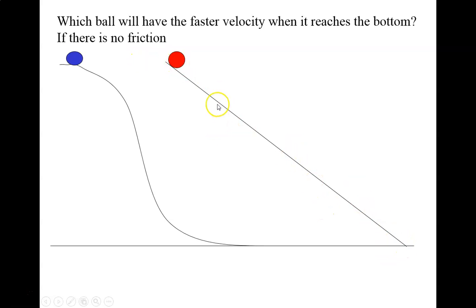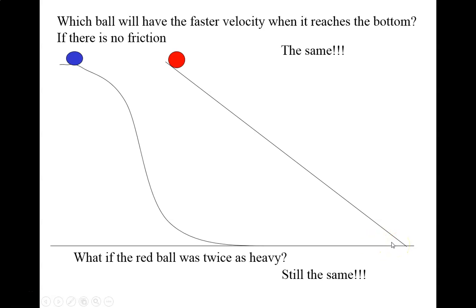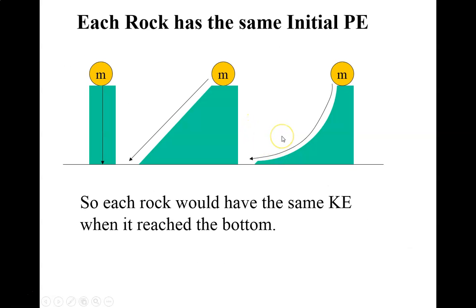They both start out with identical potential energies, and they're going to end up with identical kinetic energies. Now, if the red ball was twice as heavy, what would happen? Remember from before that the mass canceled out, and it doesn't matter. In other words, things fall at the same rate, independent of their mass.